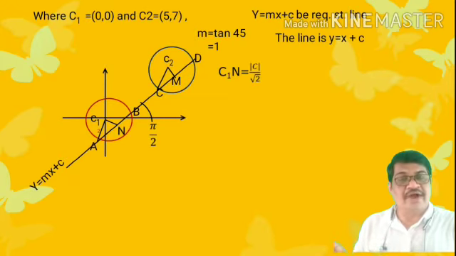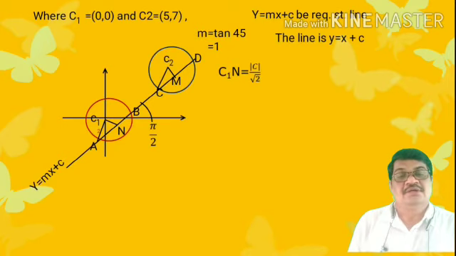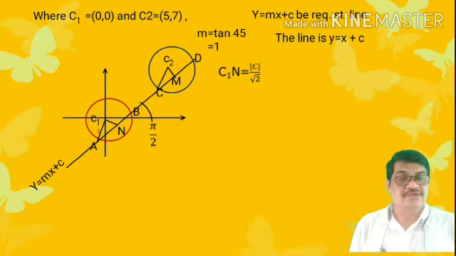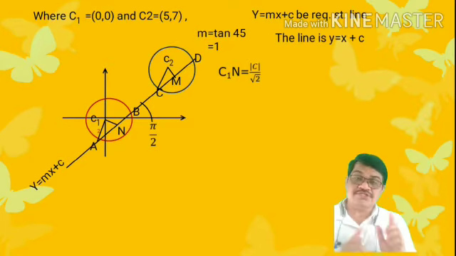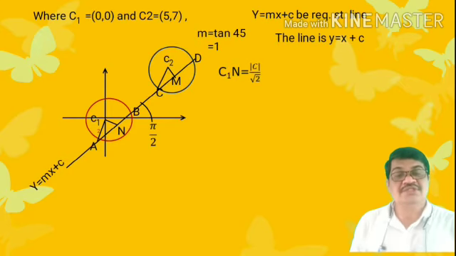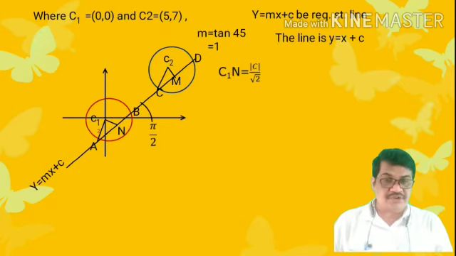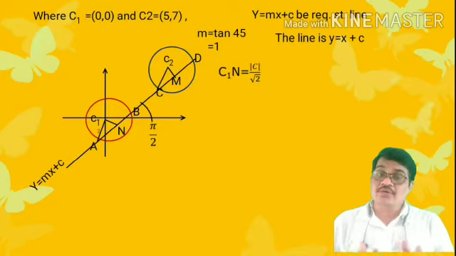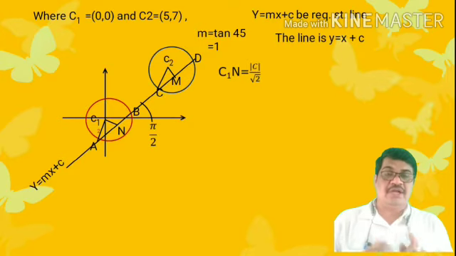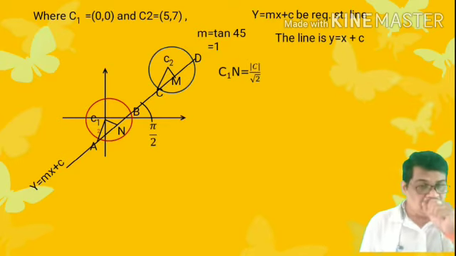Now we have to find the distance from C1 to this line, C1N. What is C1? The center is (0, 0). C1N is the perpendicular distance from the center to the line y is equal to x plus c.